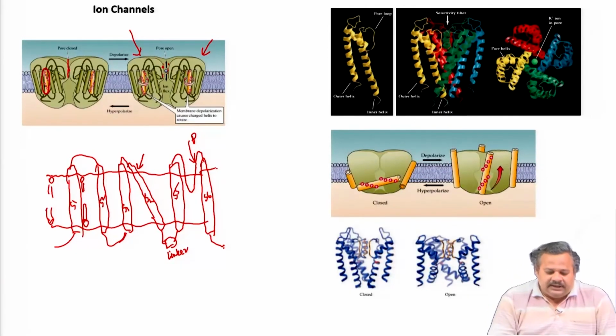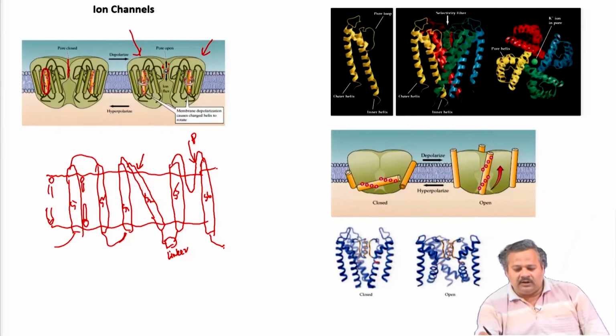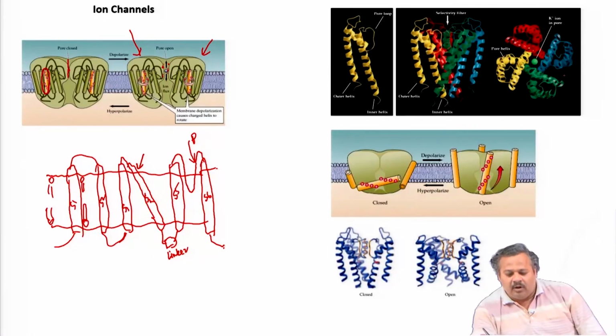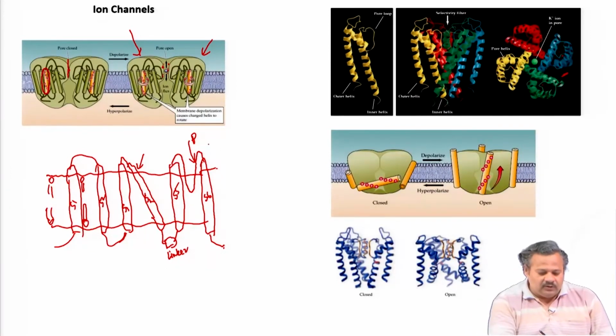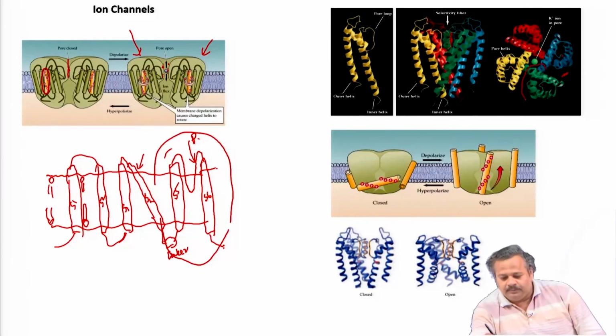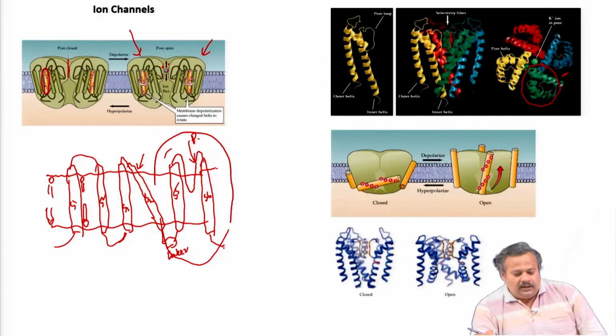What we see from X-ray crystallographic studies here on the right, in the top view, is that you have the 4 domains on the 4 sides, each of these showing the S5 and S6 domains, that is only this part is being shown here, and the other parts are also there, but in this structure it is absent.